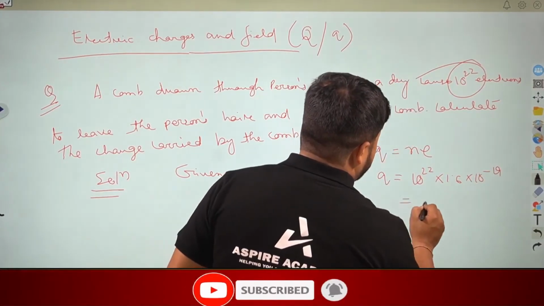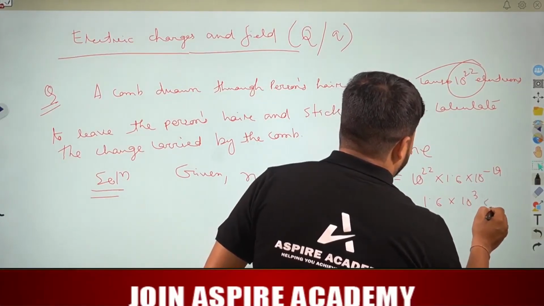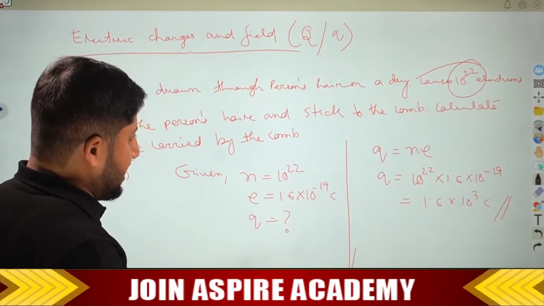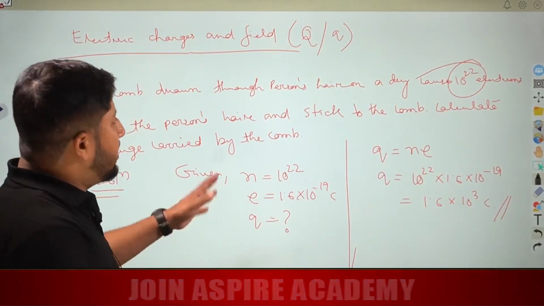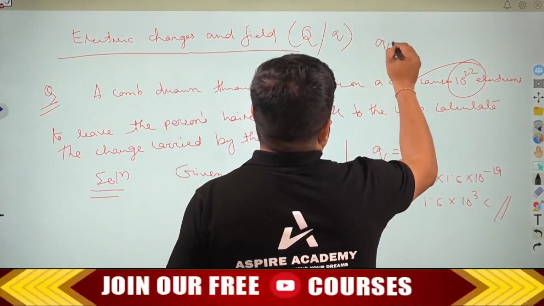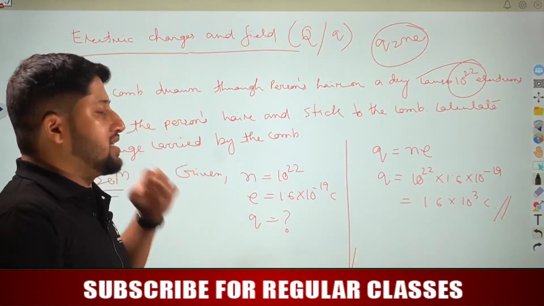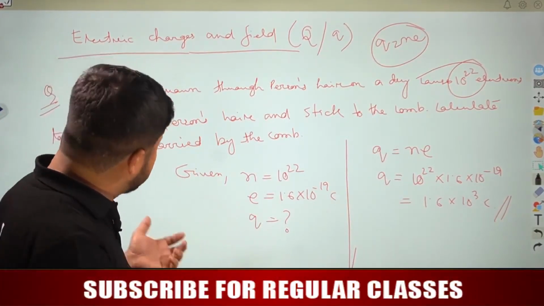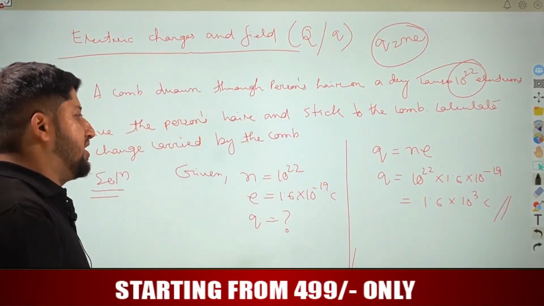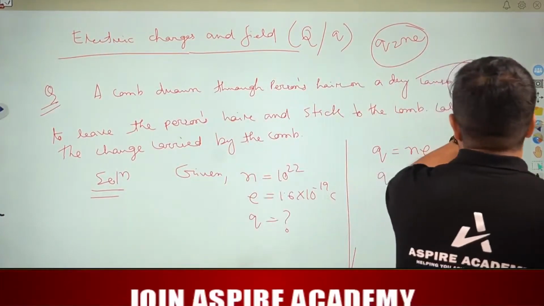After calculation, 1.6 into 10 to the power 3 coulomb is the total charge inside the comb. Have you got my point?